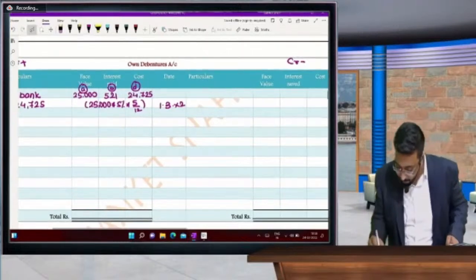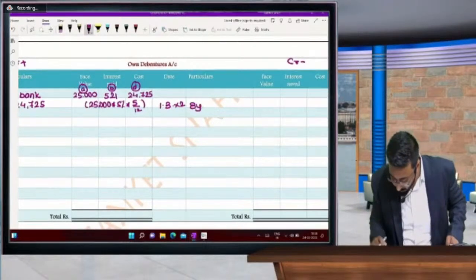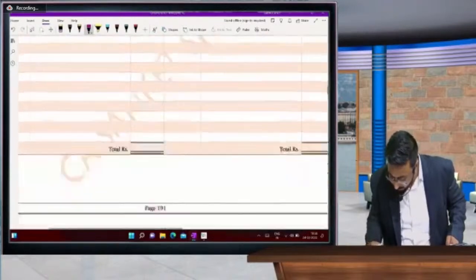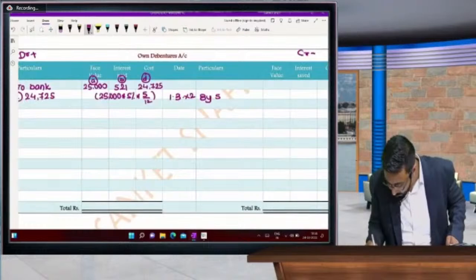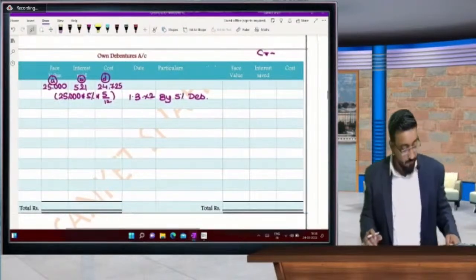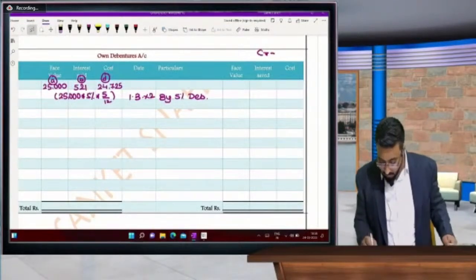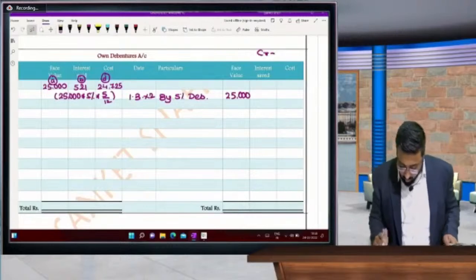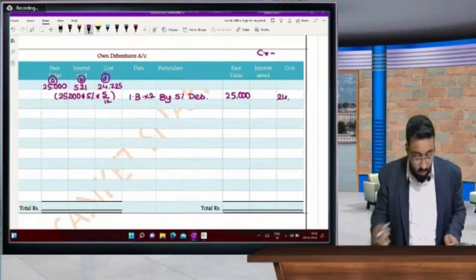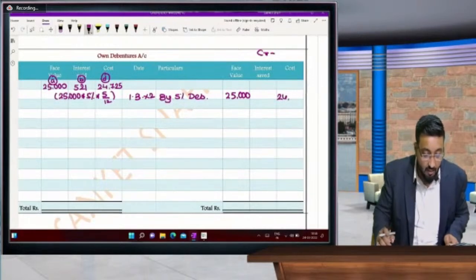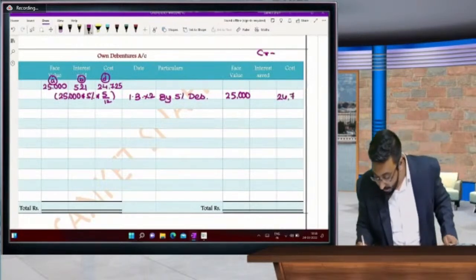So by 5% debentures, we are going to cancel 25,000 and 24,725.